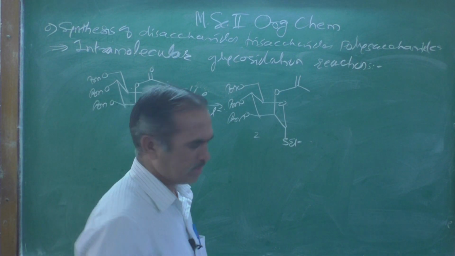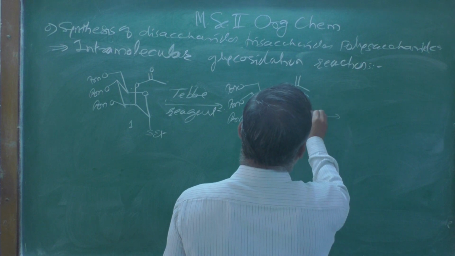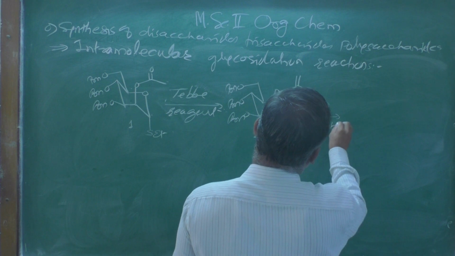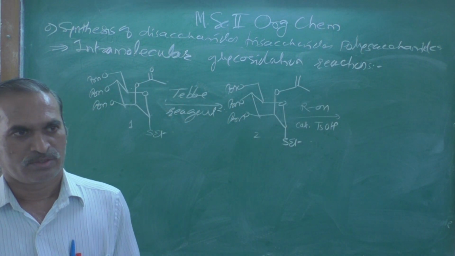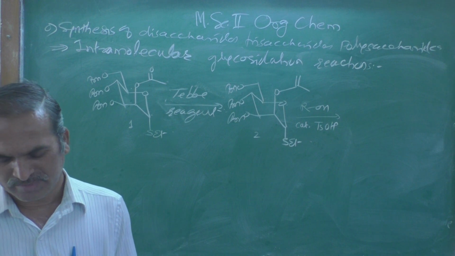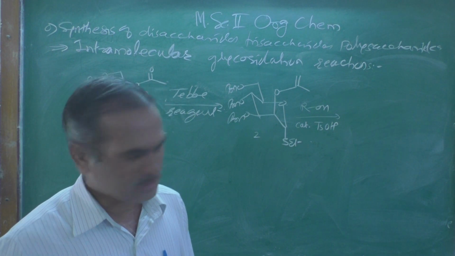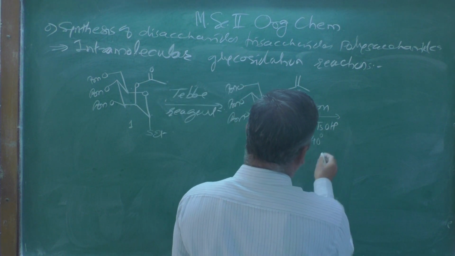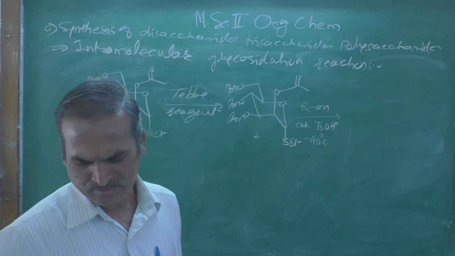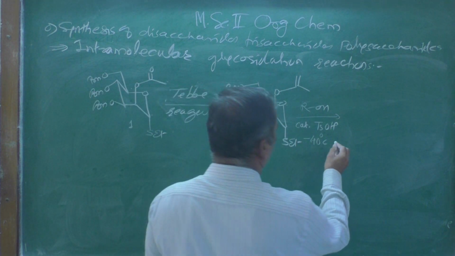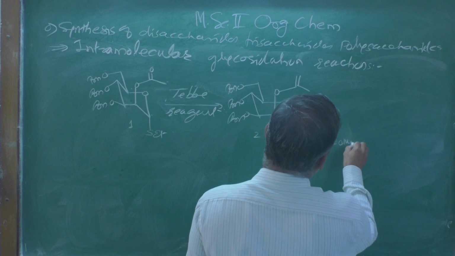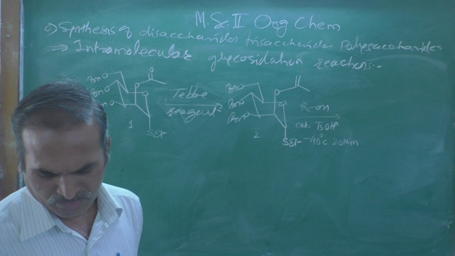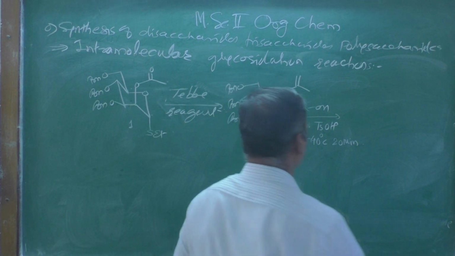This is further treated with alcohol, ROH, and a catalytic amount of TsOH, para-toluenesulfonic acid. The reaction takes place at minus 40 degrees centigrade and is stirred for 20 minutes, and the resulting product obtained will be this one.